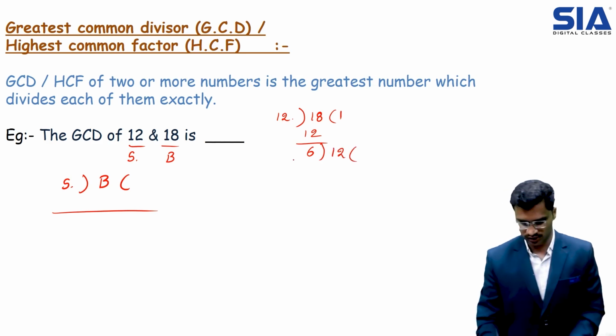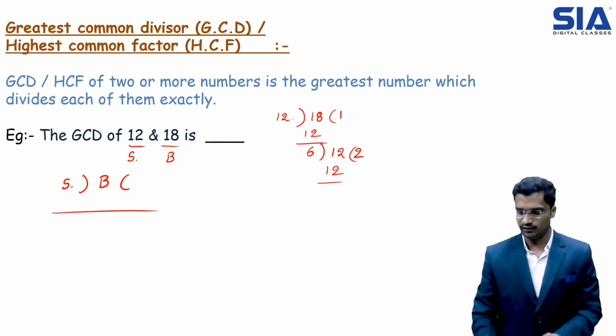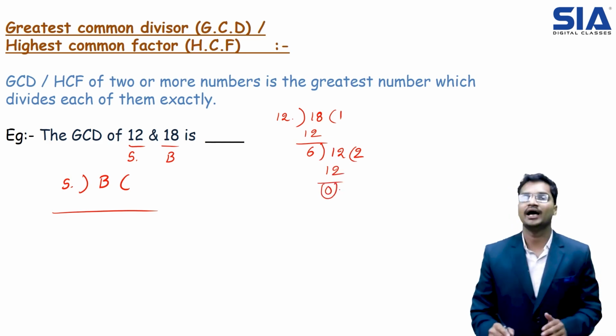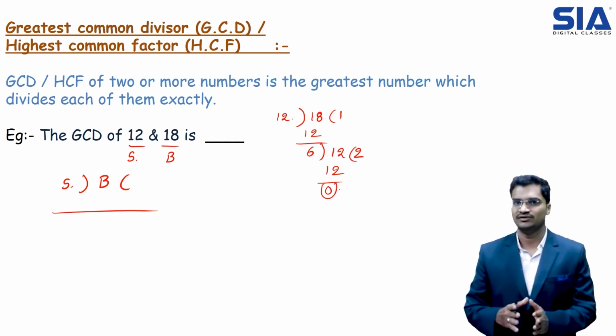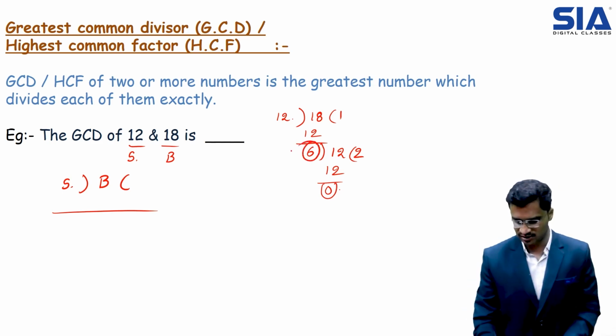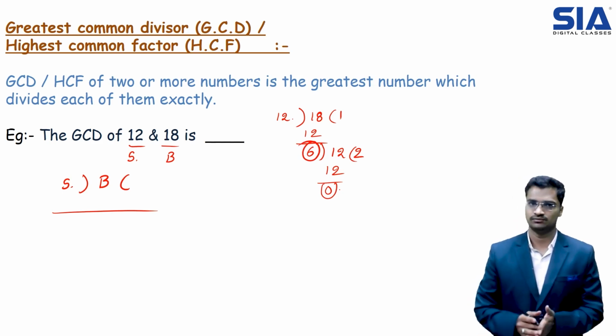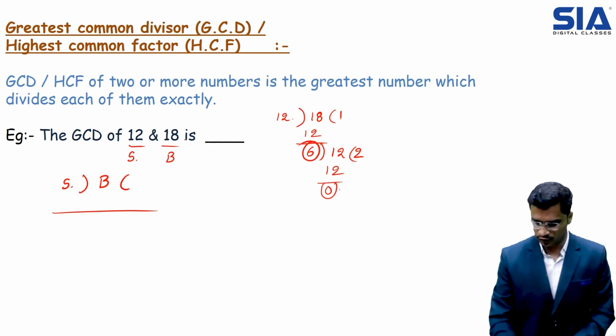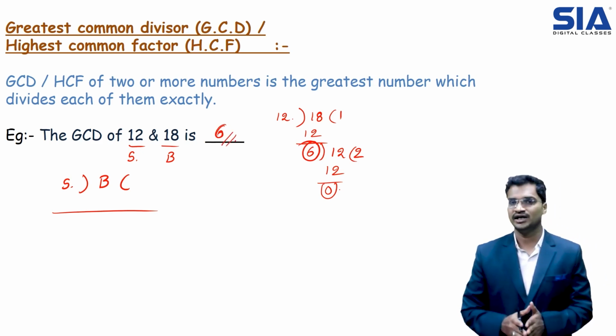So 6 2s are 12. Now I am left with a remainder of 0. Whenever I get a remainder of 0, I can say that the divisor is the HCF. So the HCF of 12 and 18 is 6.